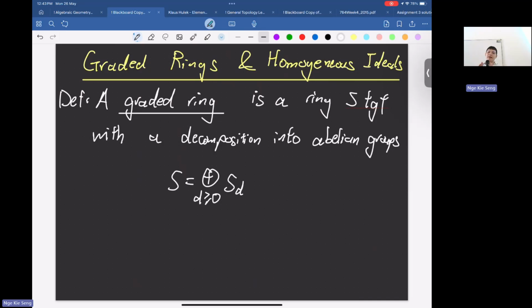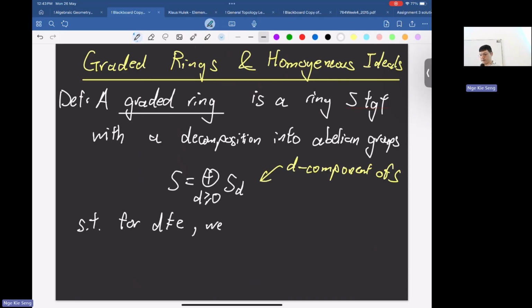So what does it mean by direct sum here? Let's define it. For different d and e, the intersection of the components should be empty, not empty, but only the zero element. Later you will know why zero is in every set here.